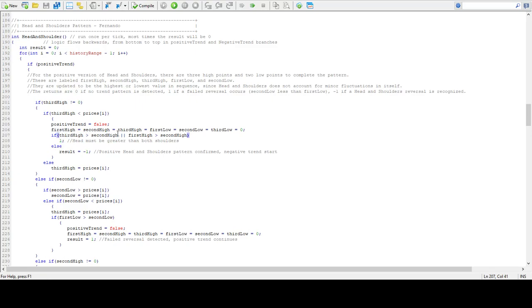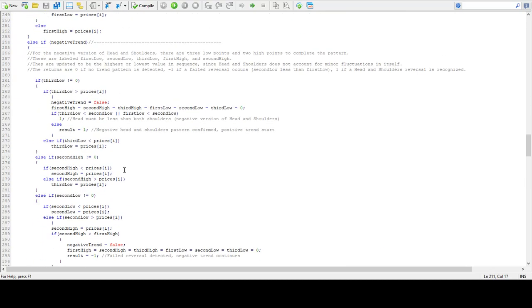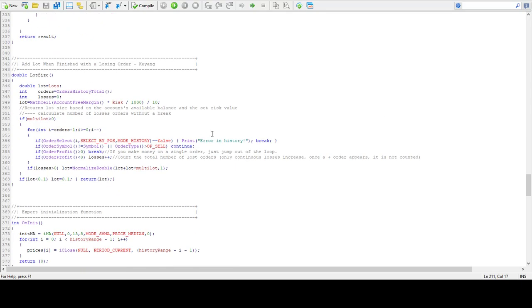If the second high is less than either of the other peaks, the first high or the third high, then it's just a 1. It's not a head and shoulders pattern. However, if it's greater than both of them, then yes, it is a head and shoulders pattern. The same applies on the negative side, where the second low must be less than both first low and third low.